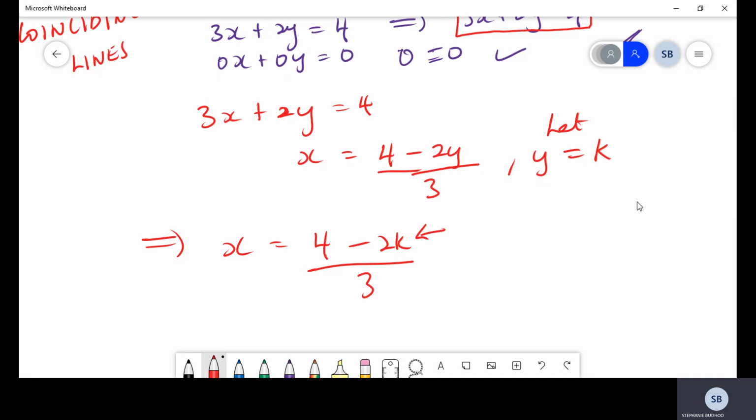So you will also get values of x coinciding with the relative values of y. So it seems that the solutions for a situation like this is unending.